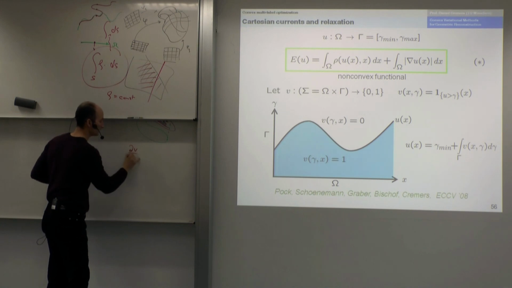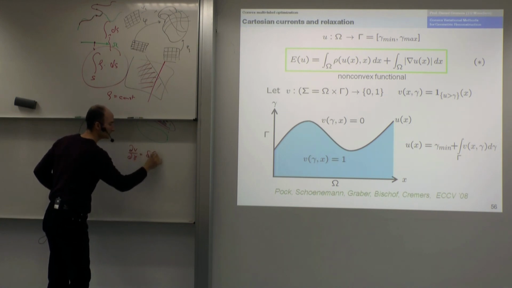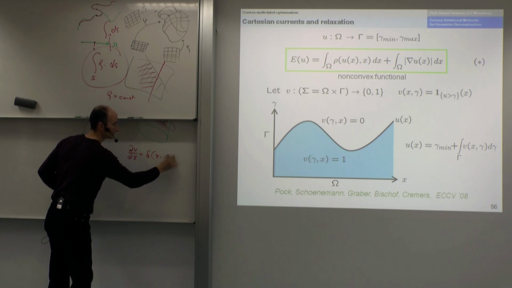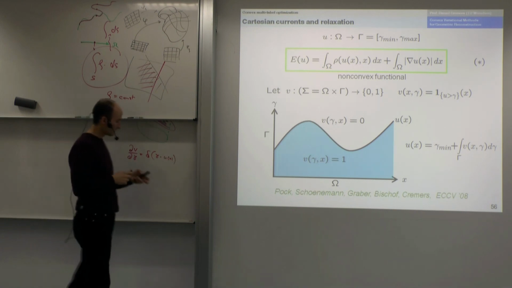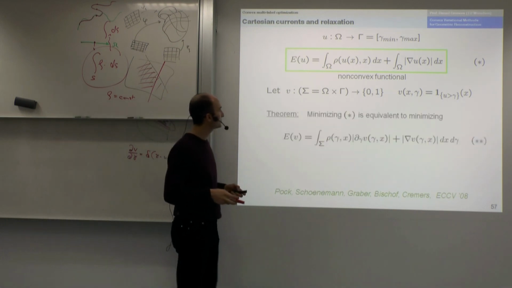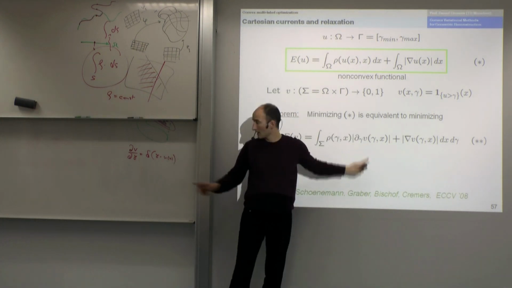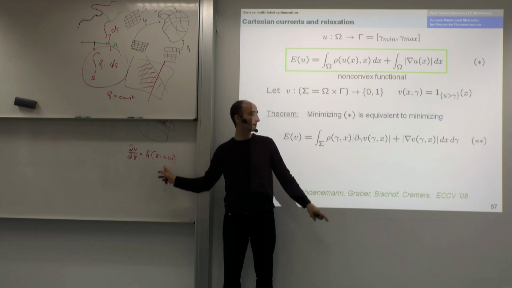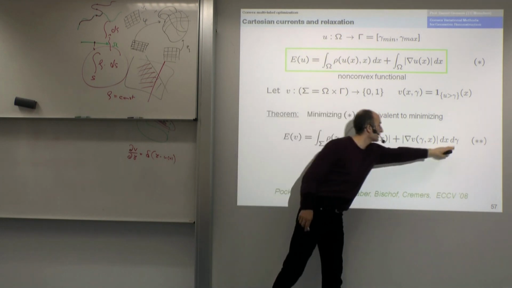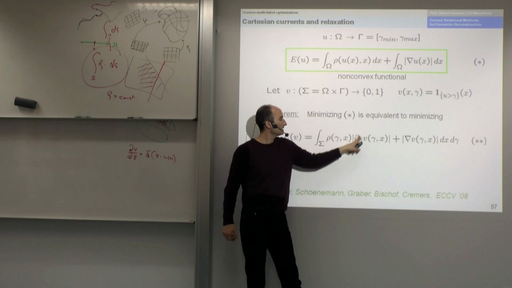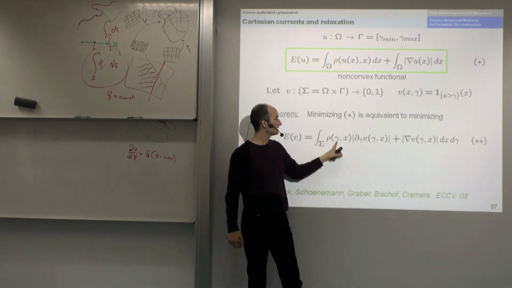So dv by d gamma is nothing but delta of gamma minus u of x. And if I use that expression and plug it in here, and then I have delta function of gamma minus u of x and integrate over gamma, then the only term that remains is if gamma is u of x.